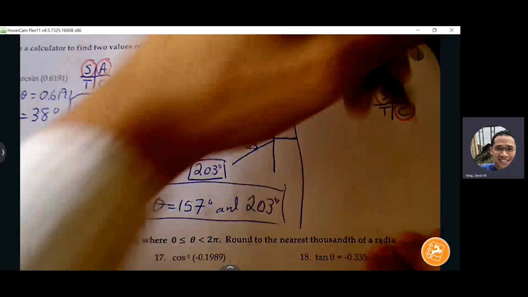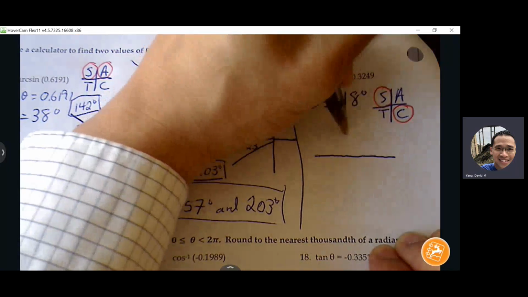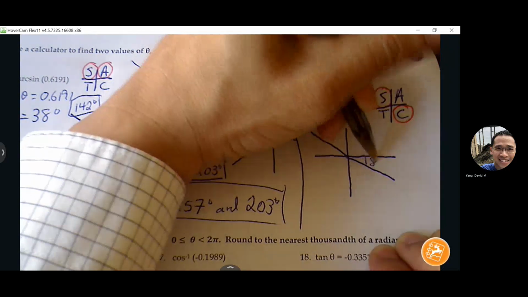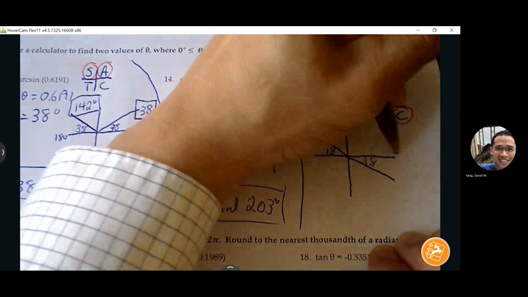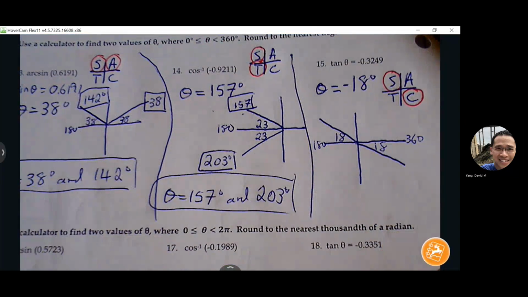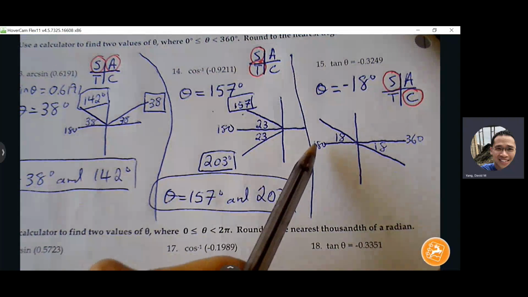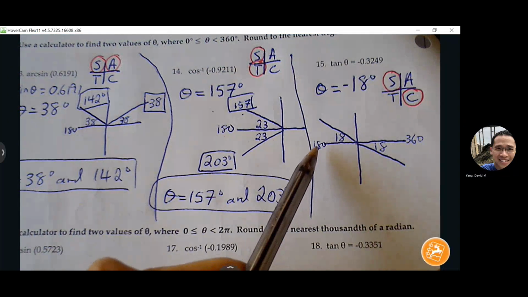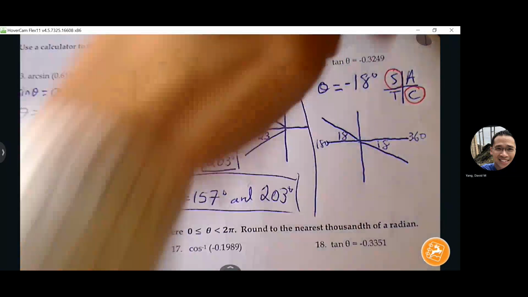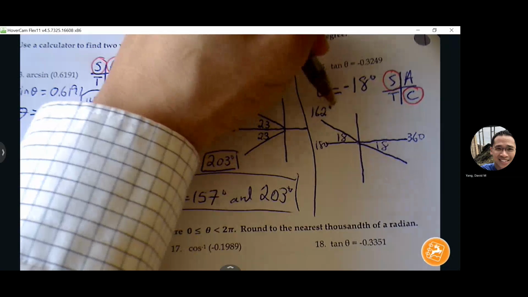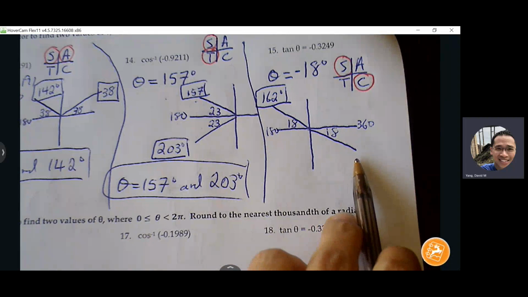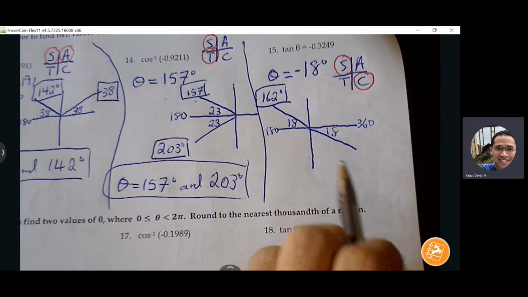So we'll use that 18 to help us find the two measures we're looking for. Okay, how do I find my second quadrant measure? 180 minus 18, yep. What did we get? How do I get my fourth quadrant measure? Subtract from 360, 360 minus 18.